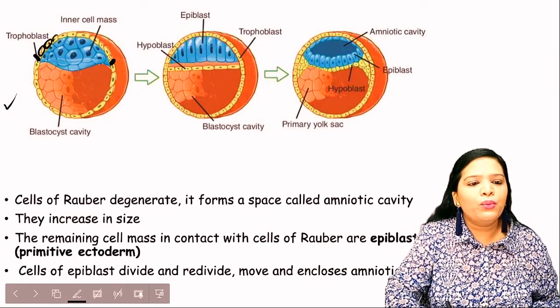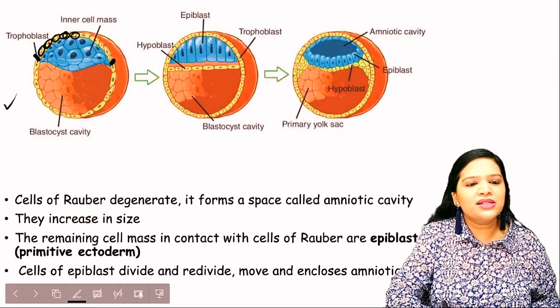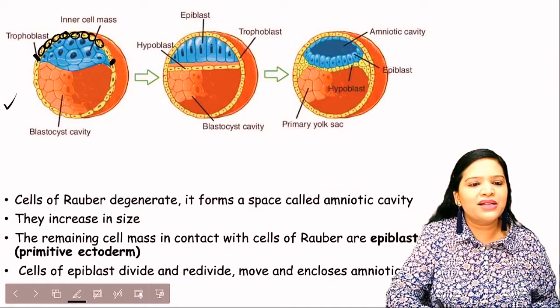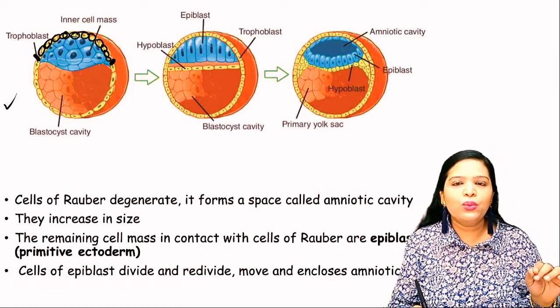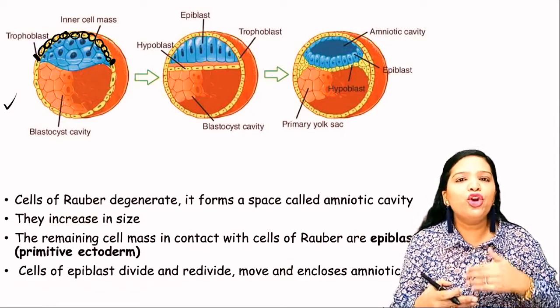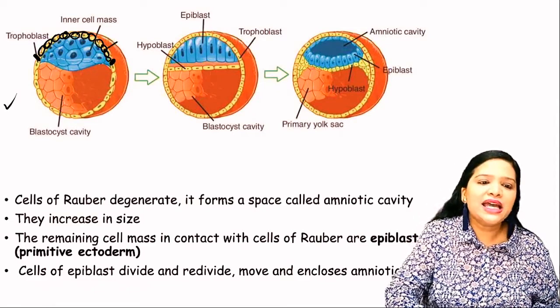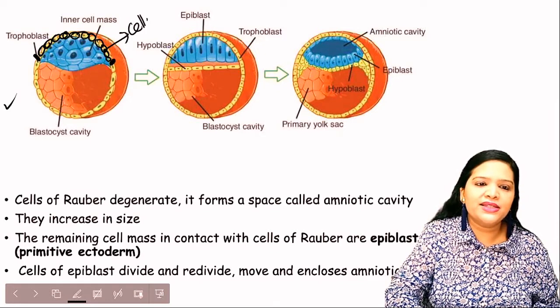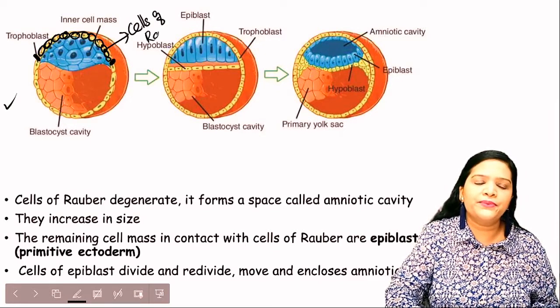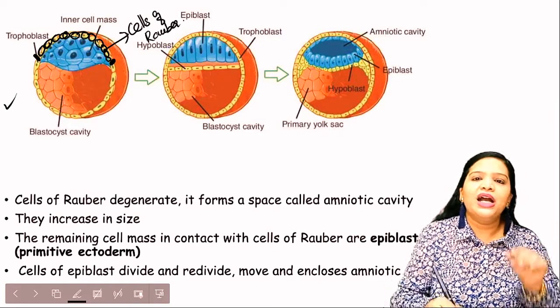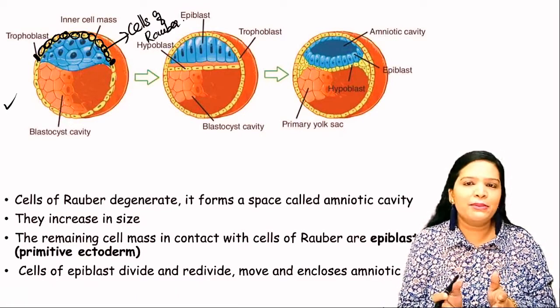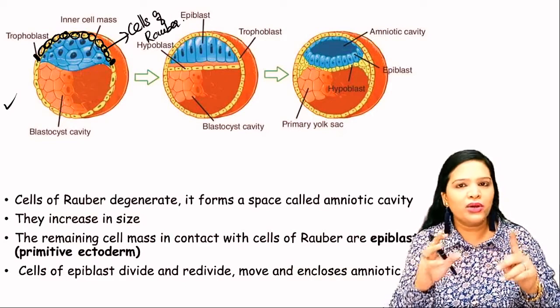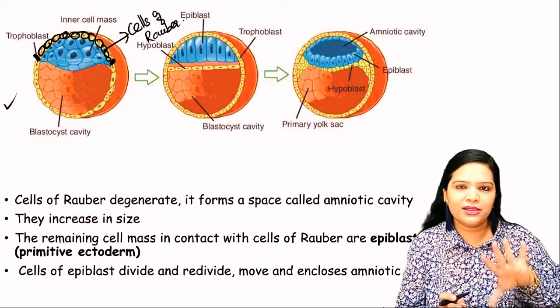When we see the structure of the blastocyst, the region of the trophoblast which is in contact with the embryonic cells is called cells of Rauber. In the blastocyst, the inner cells are called the embryonic cell mass.